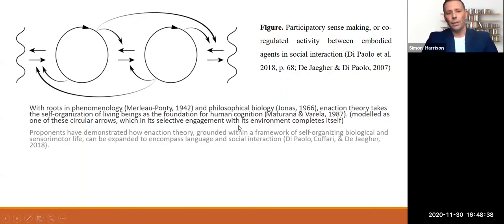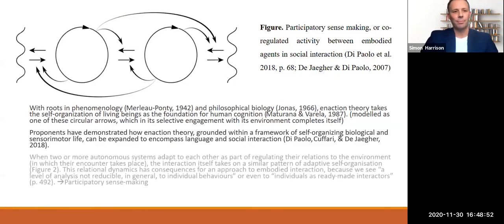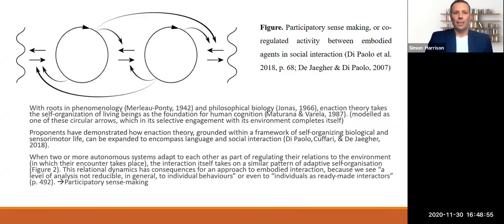And what these enactivists and the proponents of enactive theory have done is demonstrated how that model, grounded within a framework of self-organizing biological and sensory motor life, can be expanded to encompass language and social interaction. And the way that this model is explained is, when two or more autonomous systems adapt to each other as part of regulating their relations to the environment, that's the environment in which their encounter is taking place, the interaction itself takes on a similar self-organizing pattern of adaptive behaviors.